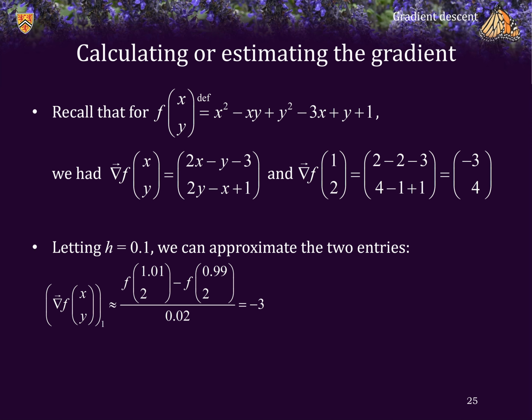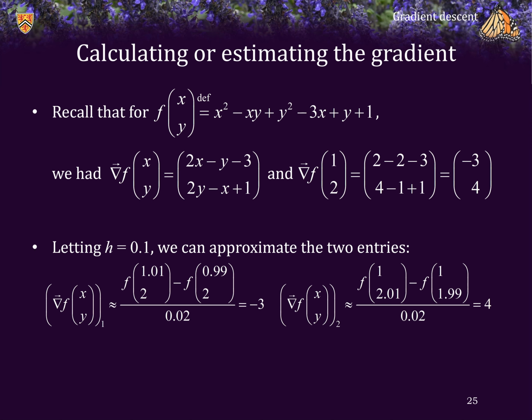So first, the first entry is the function evaluated at (1.01, 2) minus the function evaluated at (0.99, 2), all over 0.02. This, if you were to calculate it out, exactly equals -3.